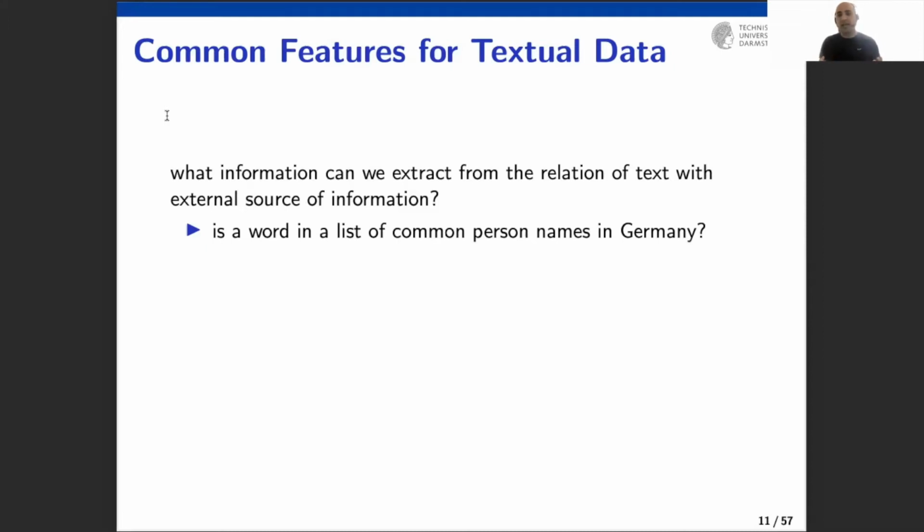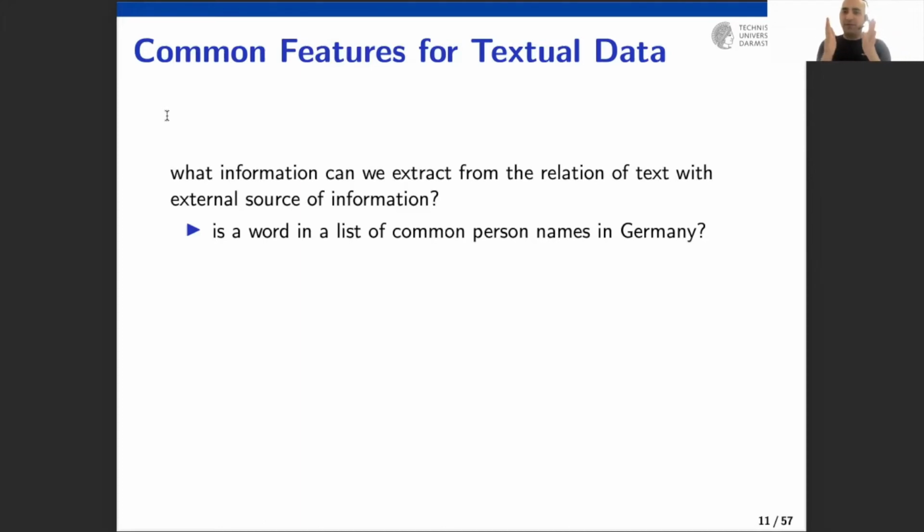And we also know that there are some lexical resources available that provide such information for us. So we can use this source of information, like lexical resources, to extract other types of relations between words. For example, we can easily check if a word is in a list of common person names in German.